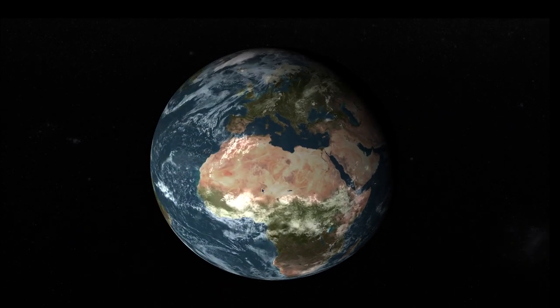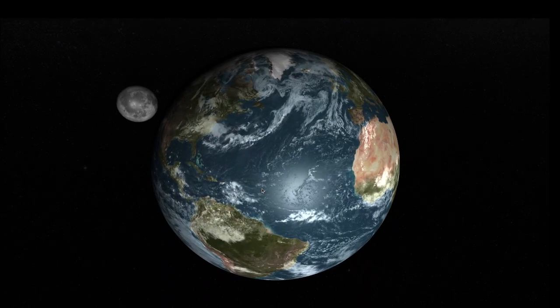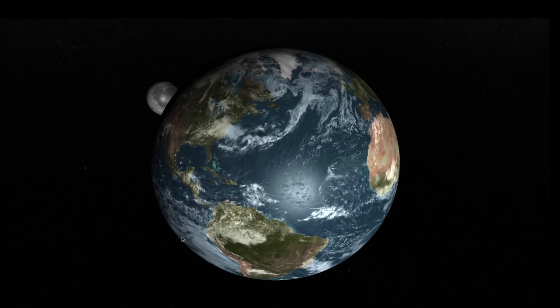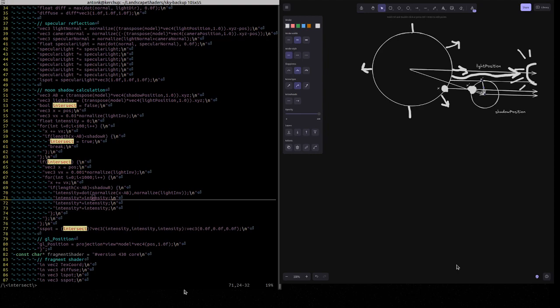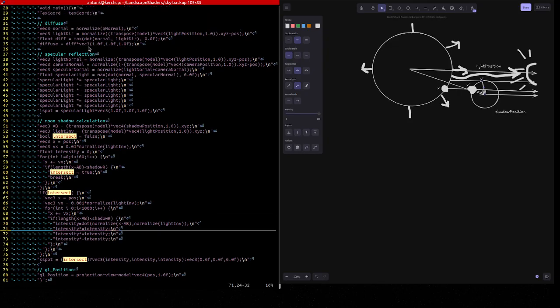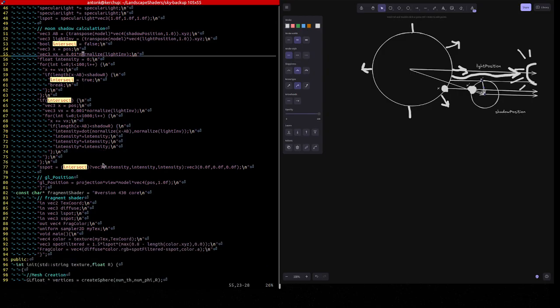Okay, well that's basically it in terms of our light contributions. So we have the diffuse, specular, and shadow calculations.